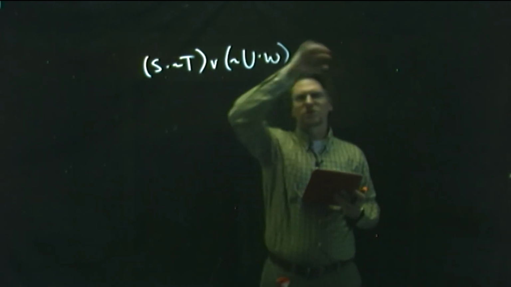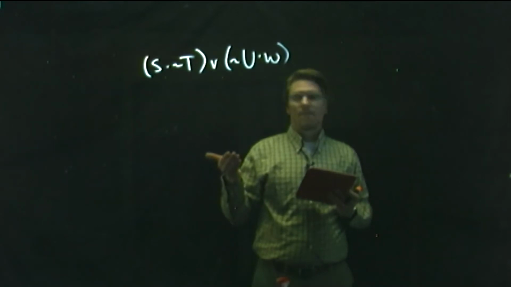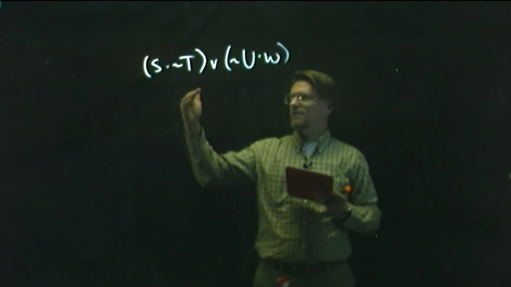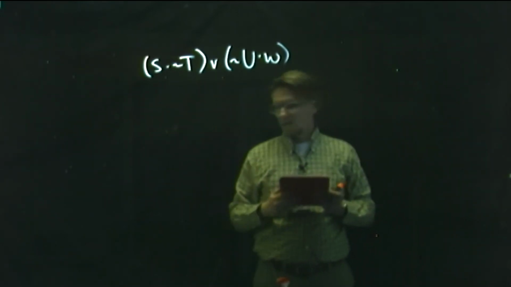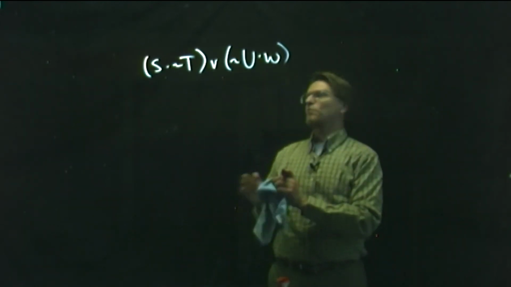Are the symbols put together here in a way that makes sense in propositional logic? And as we look at it, in fact, it does, right? It's a complicated statement, but it is one that would make sense in propositional logic.